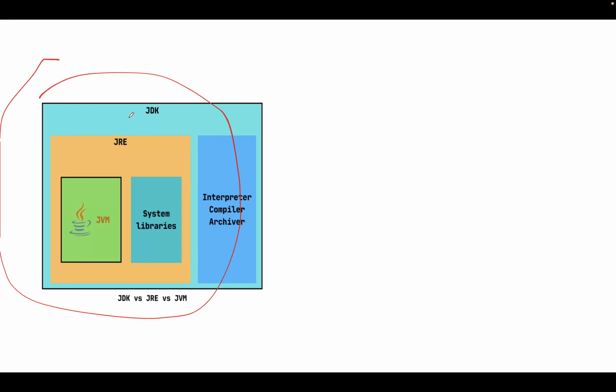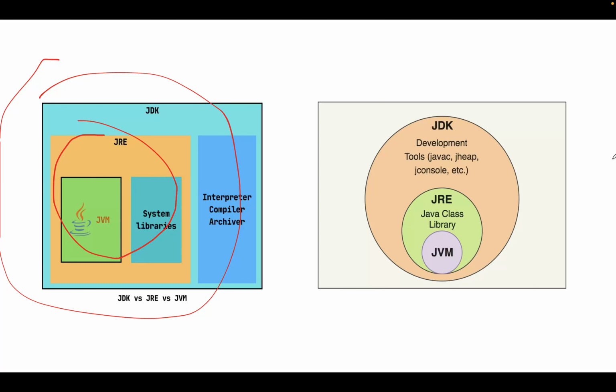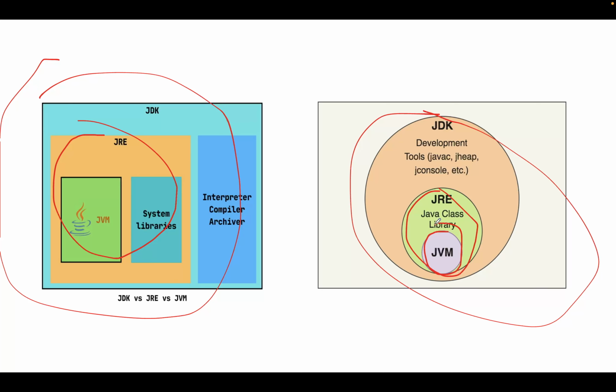In the JDK you have the JRE, which has the JVM and system libraries or APIs. The JDK is the whole thing. Inside that you have the JRE, Java Runtime Environment, which has class libraries and the JVM included, and the JVM is the most important part here.